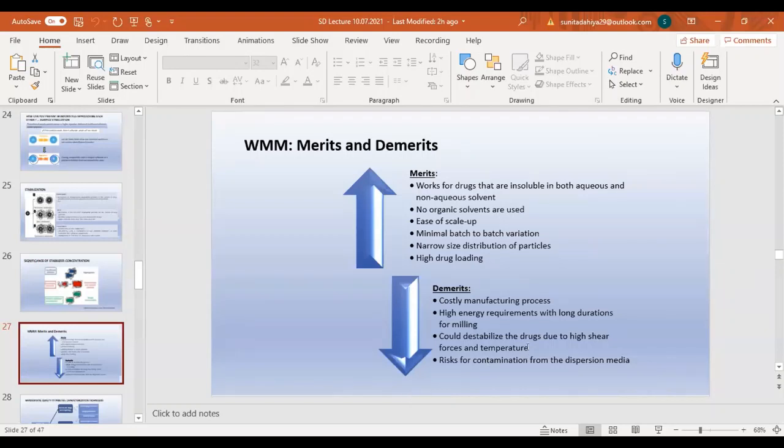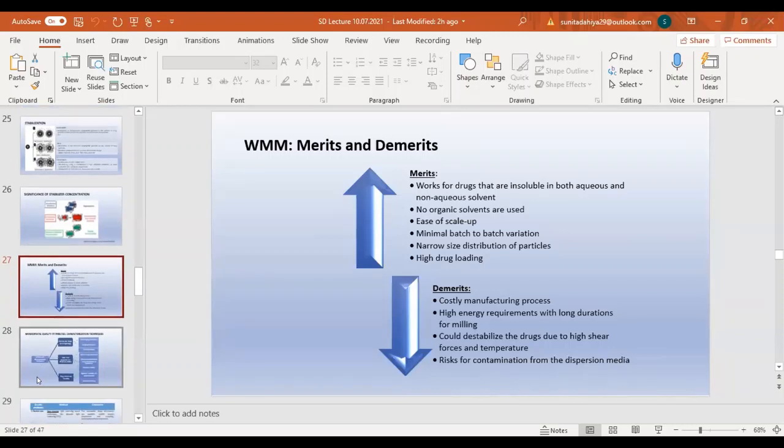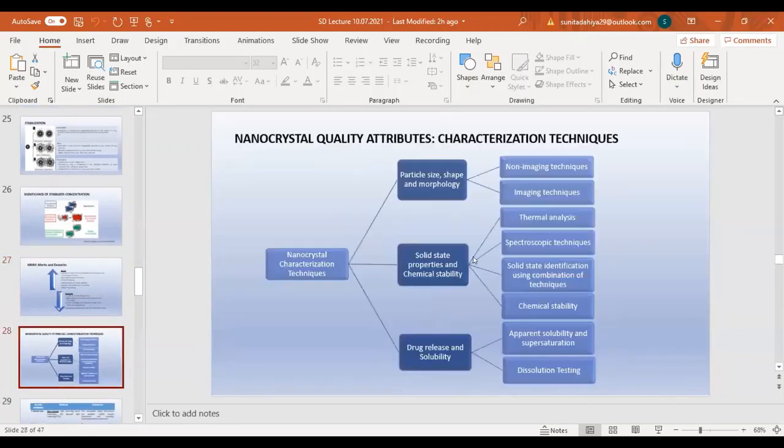Shedding of the surfactant means the surfactant will be detached from the particle. If it is detached, again there will be instability problems. There will be risk of contamination from the dispersant media. With the advanced engineering solutions, some of these factors have already been minimized to a great level.